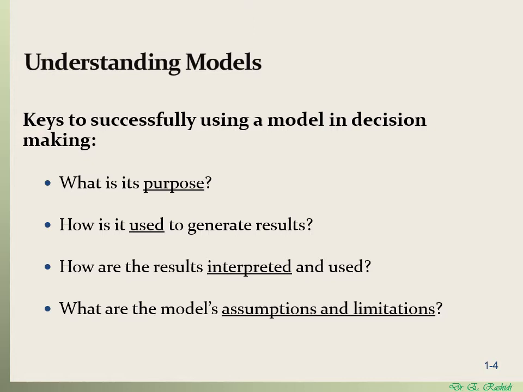And next are the assumptions or limitations of the model. What has the model eliminated or omitted and considered unimportant from the real system? So these are the four important keys to be able to successfully implement a model.